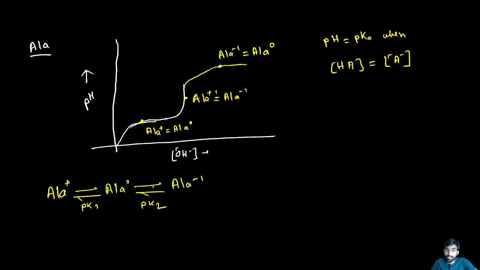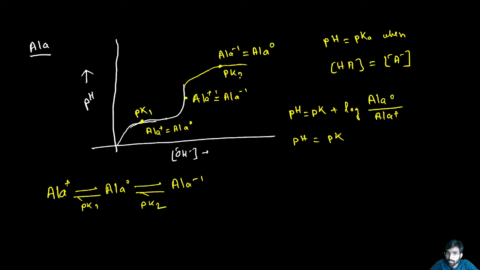Why is it like that? You can do it from the Henderson-Hasselbalch equation. pH equals pK plus log of alanine 0 over alanine plus. At that condition, if this ratio is 1, then I can say pH equals pK. So that is called pK1 and that is called pK2, and that point is called pI.